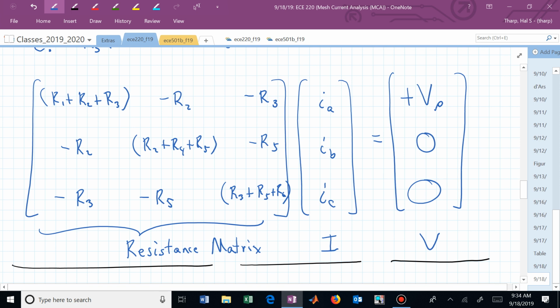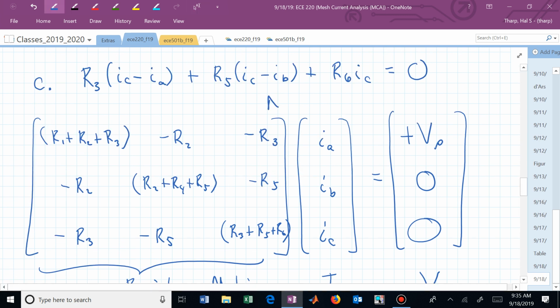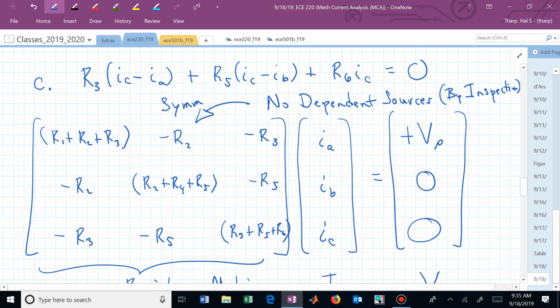So it's R i is equal to V. That's Ohm's law in matrix form. This is symmetric, so we had no dependent sources. And that allowed this to be performed pretty easily by inspection. And this matrix was symmetric because of no dependent sources.